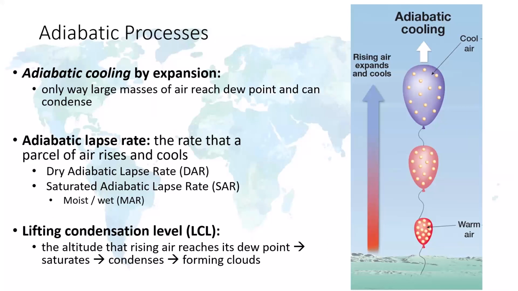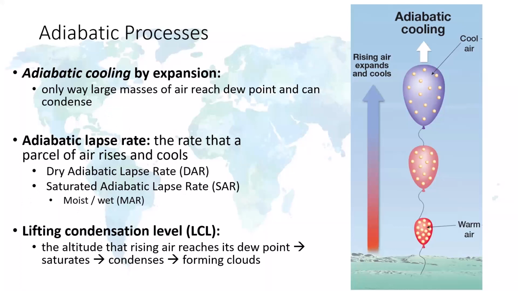This kind of warming or cooling without an exchange of heat is called the adiabatic process. And there are two ways we measure the rate at which this happens: a dry adiabatic lapse rate or a saturated adiabatic lapse rate.